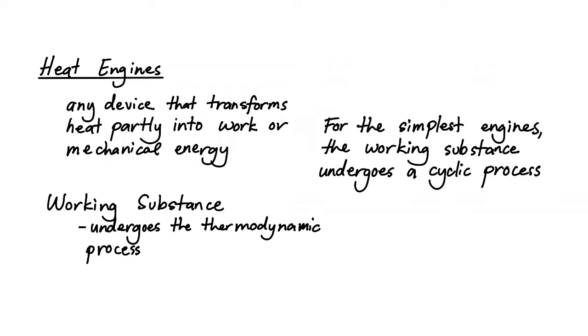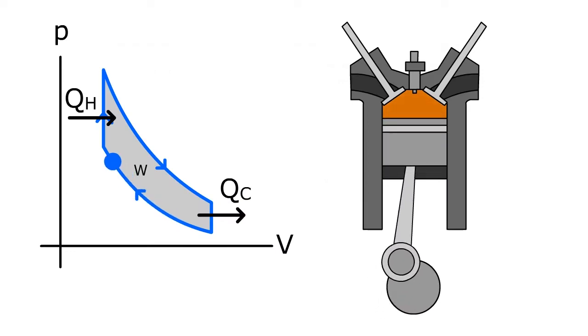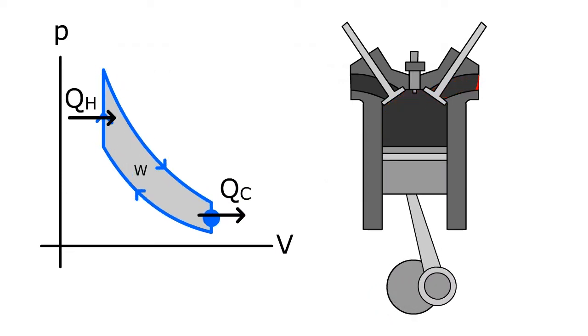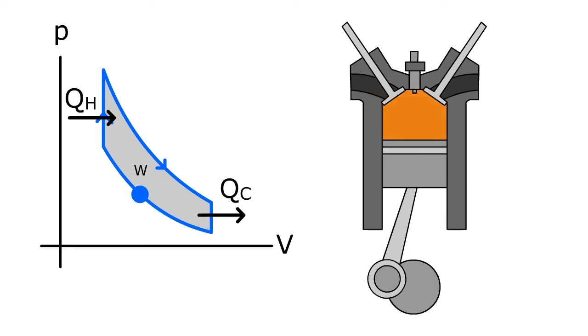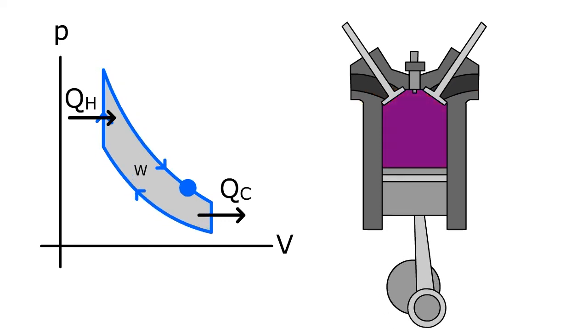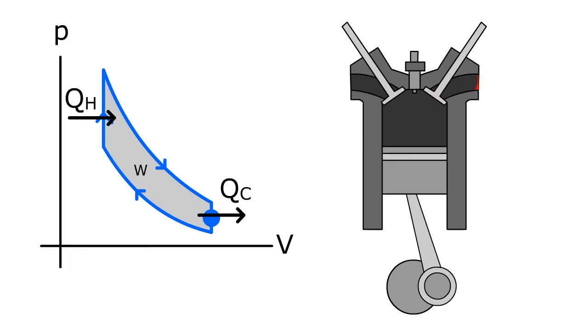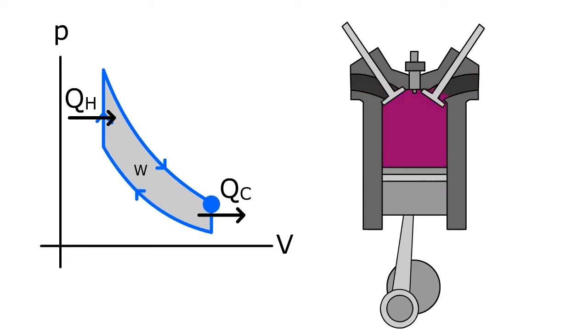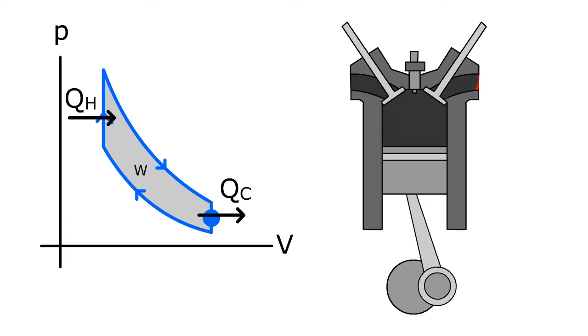So now let's look at how this cyclic process happens inside a heat engine. So let's look at one cycle sa ating engine. Tignan natin ano yung ina-undergo ng engine in one thermodynamic cycle. So again, for simplest heat engines, cyclic yung ating process, which is shown dito sa ating pressure volume diagram.